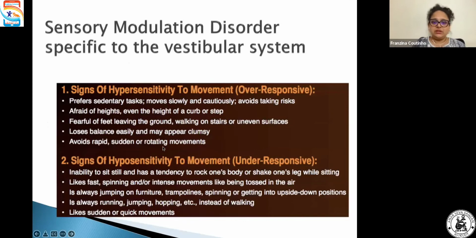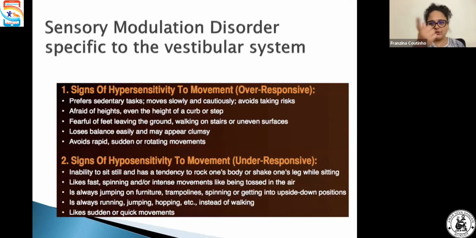Now, let's specifically talk about the movement or hypersensitivity to movement. Okay. Now, they prefer to sit in one place. They don't like heights. They don't want their feet off the ground, or even stair climbing is difficult. Very often we see children holding the side of the wall and climbing up. They fall down and get upset, fall down and appear very clumsy, and they don't like turning.